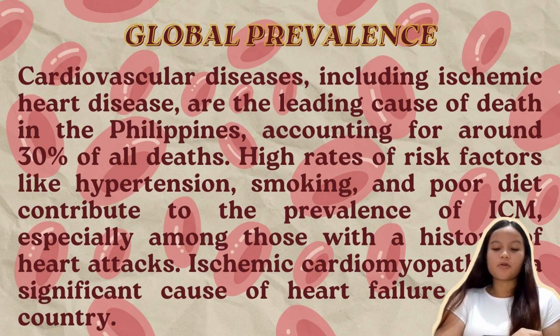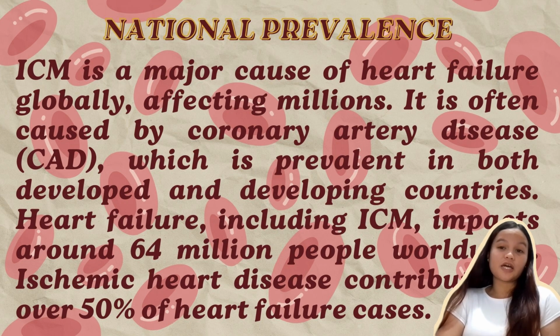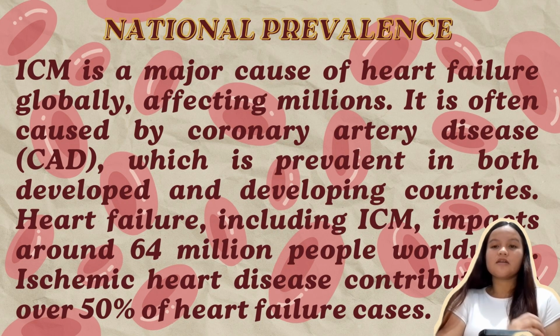It affects approximately 1 in 500 adults globally, indicating that it is relatively common, particularly in populations where coronary artery disease is prevalent. And then the coronary artery disease, which involves the narrowing, as what I said in the introduction earlier, is the leading cause of ischemic cardiomyopathy.